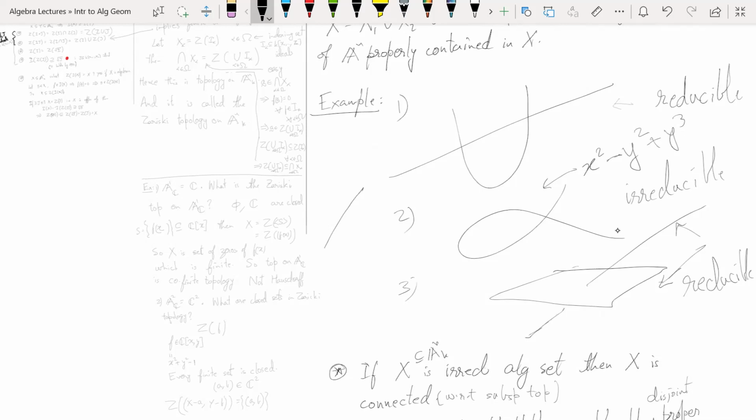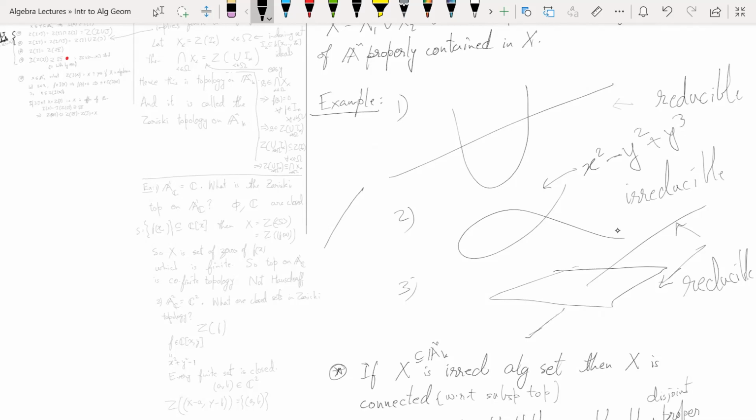Every connected set is irreducible is obviously false. This one is reducible and connected. So only one direction is true: irreducible algebraic sets are connected, but connected doesn't imply irreducible. And when I say connected, it means in the subspace topology.